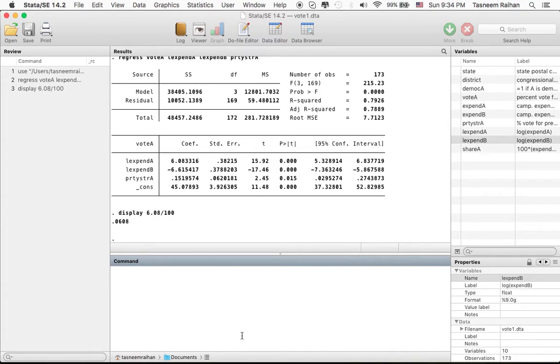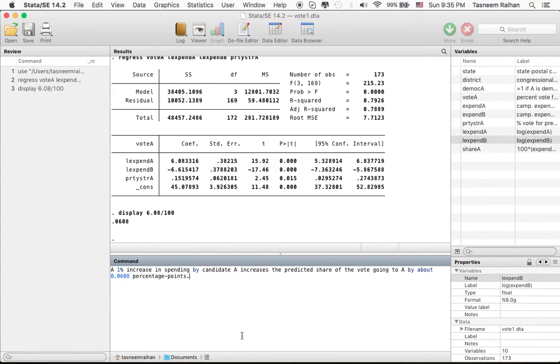So let me just quickly write this down here if you want. A 1% increase in spending by candidate A increases the predicted share of the vote going to A by about 0.0608 percentage points.